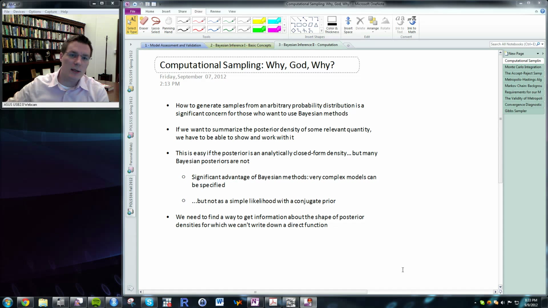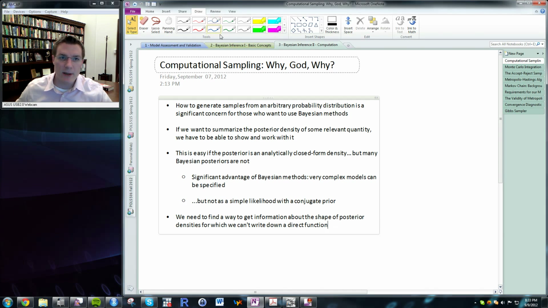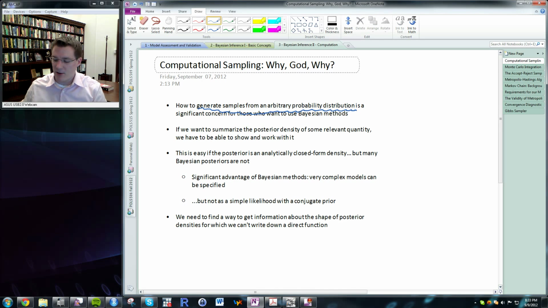But the issue is we have to have some way of working with that particular kind of distribution. So it becomes a topic of primary interest how we're going to get samples from that posterior density if we can't write down an analytical form for what that density looks like. What do we do in that situation?